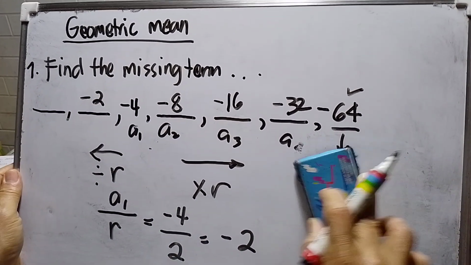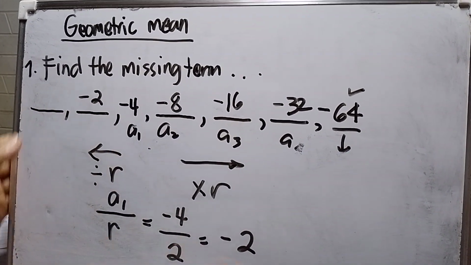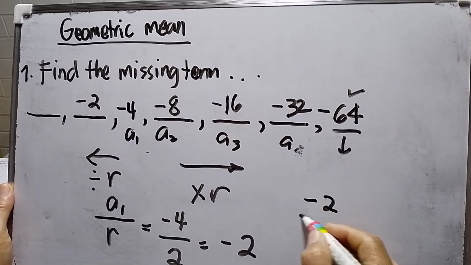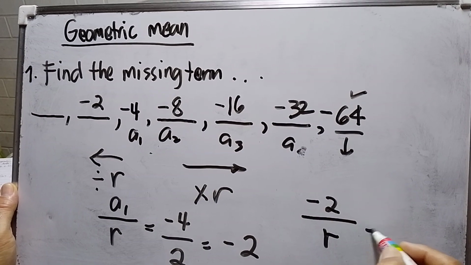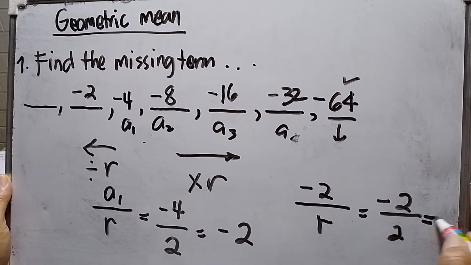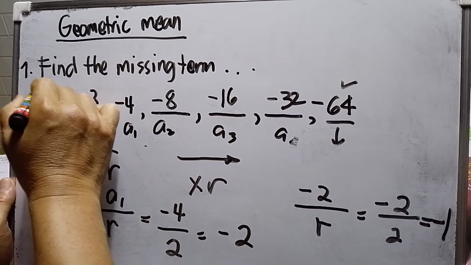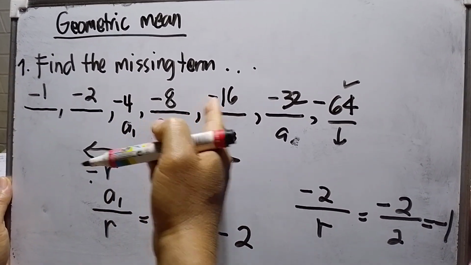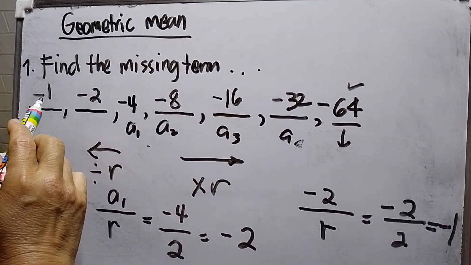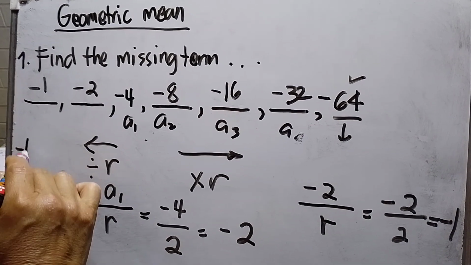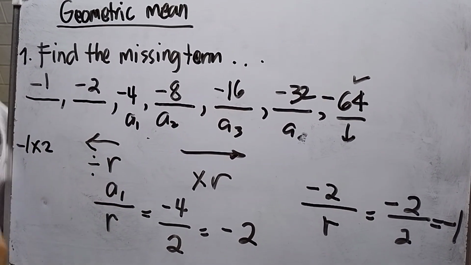How about the last, or this will be the first of the missing terms? So this will be negative 2 divided by r, or this will be equal to negative 2 over 2. So therefore, this is negative 1. So I have here negative 1, negative 2, negative 4, negative 8, negative 16, negative 32. So if you check this one by multiplying, going forward, so this will be negative 1 times 2.